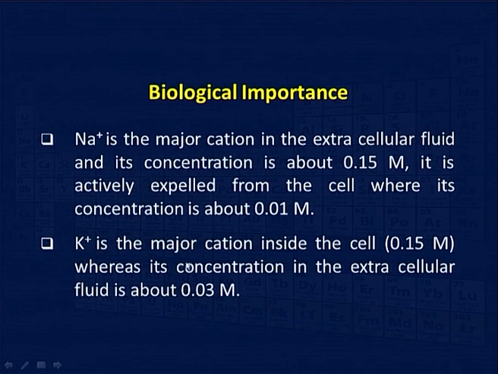Same is the case with potassium. Potassium is the major cation inside the cell, with a concentration of 0.15 M, whereas the concentration outside is about 0.03. So both are opposite to each other, and this is maintained by something called the potassium pump, and we all know about it.